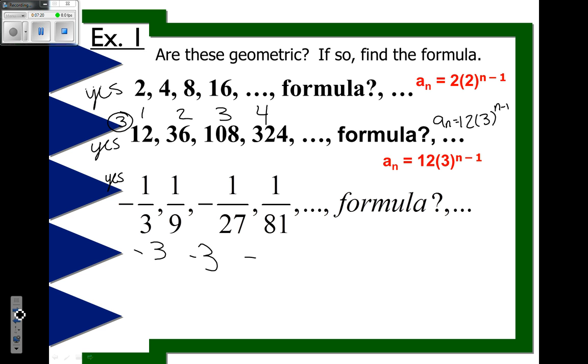What about the next one? So is it geometric? Yes. So what would be my formula for this?